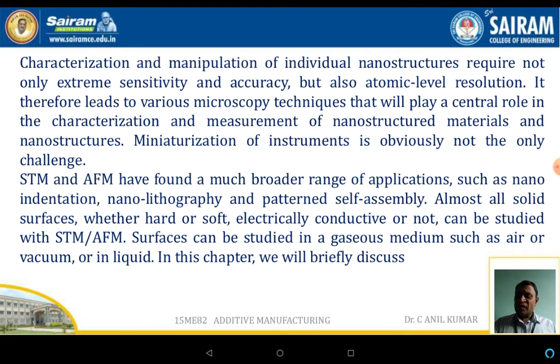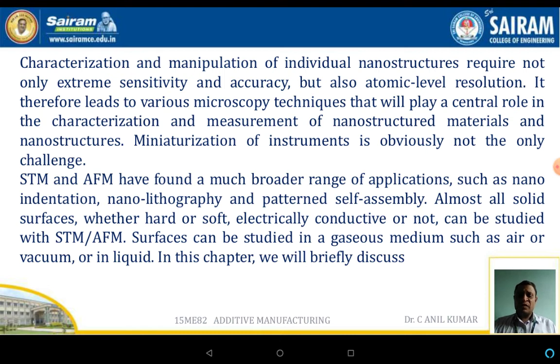STM as well as AFM have found a much broader range of applications, such as nanoindentation, nanolithography and patterned self-assembly. Almost all solid surfaces, whether hard or soft, electrically conductive or not, can be studied with the STM as well as AFM. The surfaces can be studied in gaseous media such as air or vacuum, or even in liquid.